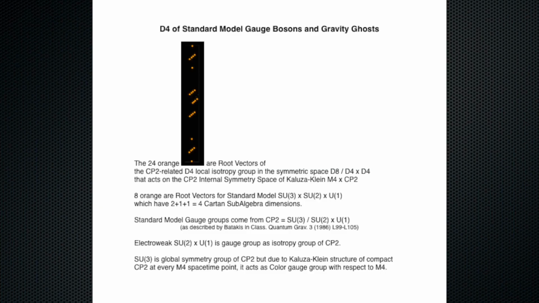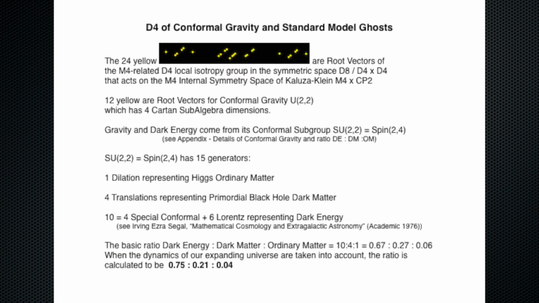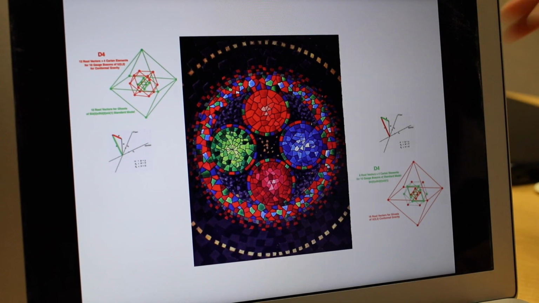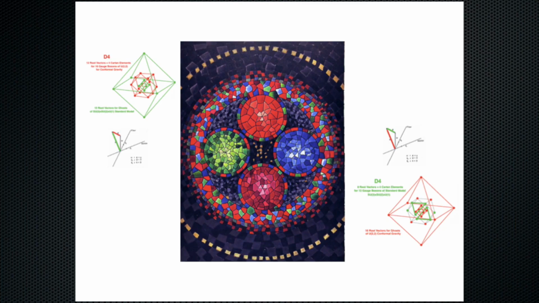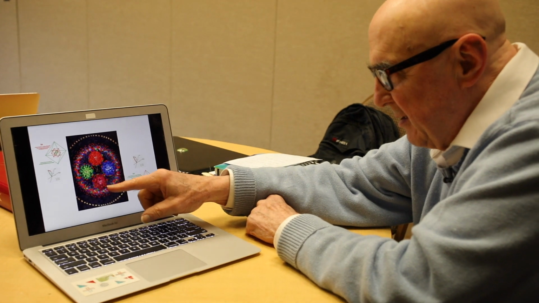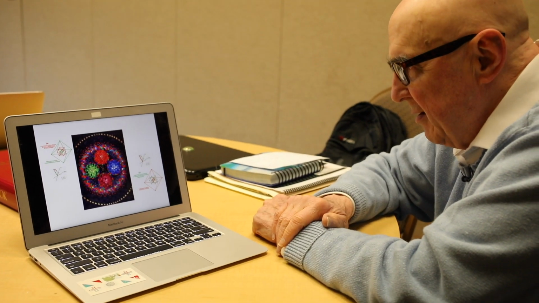So anyway, this is just a little bit more detail about the D4 and the standard model and the stuff I've just said. Same thing with conformal gravity and standard model ghosts. Now, this is one of the pictures from Young's book, which to me indicates how you have the gauge bosons and the ghosts from the standard model and the gauge bosons and the ghosts from the other one.